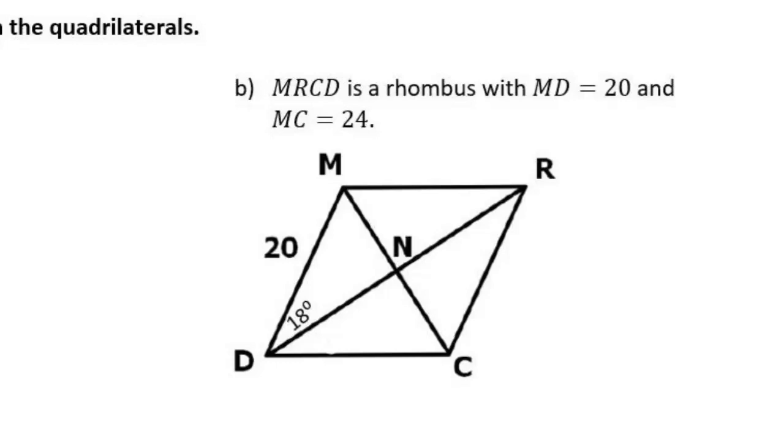First thing they tell me about this shape is that it is a rhombus. So I'm going to mark up all the information that I know about a rhombus before I start trying to answer any questions. A rhombus has 4 congruent sides. The diagonals are bisecting each other, so MN is congruent to CN, and DN is congruent to RN. Where those diagonals cross each other, it forms 4 right angles.